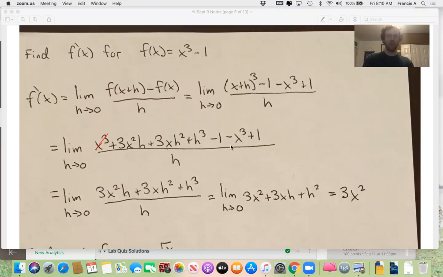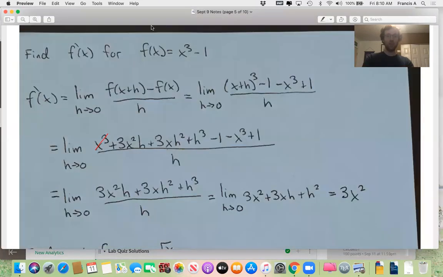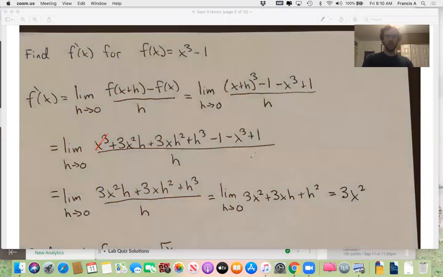So these x cubes cancel, these ones cancel, and then after you've canceled everything that doesn't have an h, then you can say this h on the bottom cancels with that h. There are two h's there. This 3 becomes a 2. And after canceling that h on the bottom, you get a limit that you can find by just evaluating. So you put in h equals 0, and we get 3x squared.